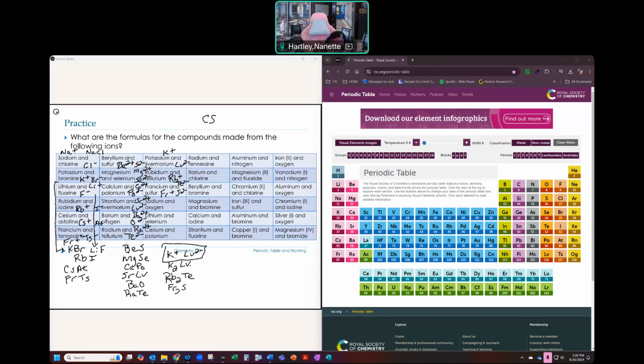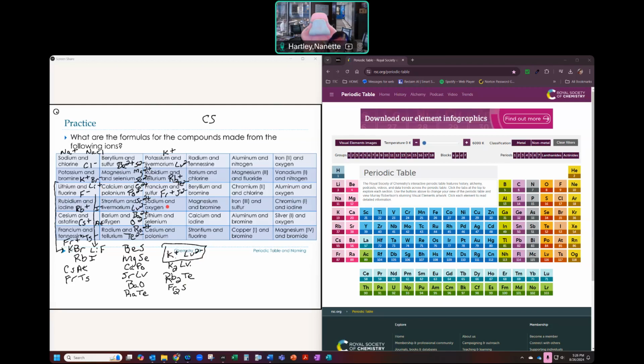So we need to do Fr2S. I hope you're noticing a pattern as we do this. So our positives are 1, our negatives are -2. So we need to have that positive subscript 2 and our negative subscript 1.